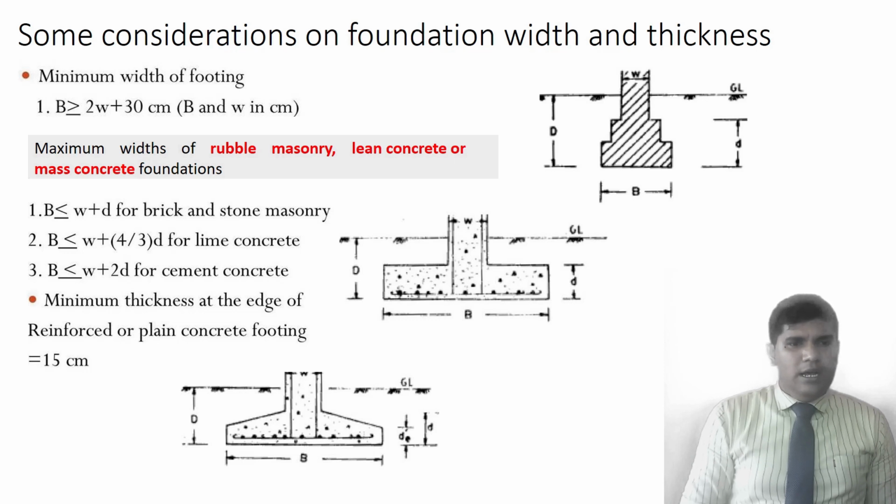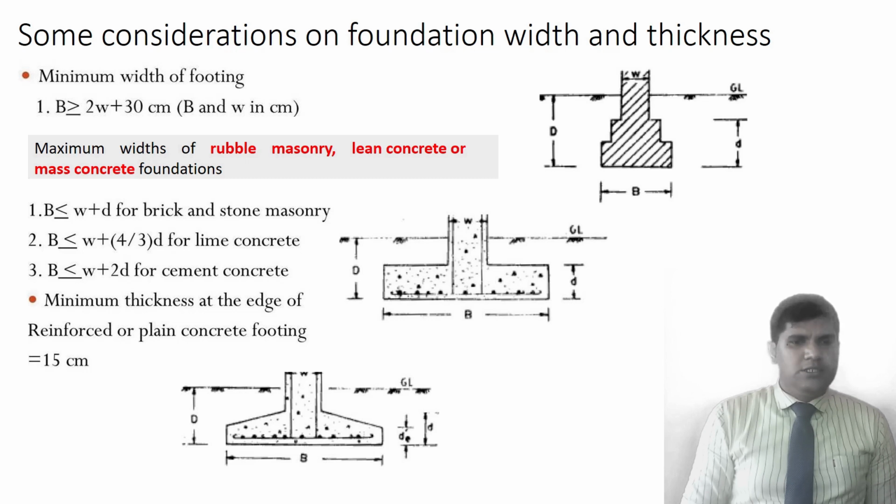Even for the maximum width of rubble masonry, lean concrete or mass concrete foundations, we can include this condition, and for brick and stone masonries there are some conditions for the foundation width.